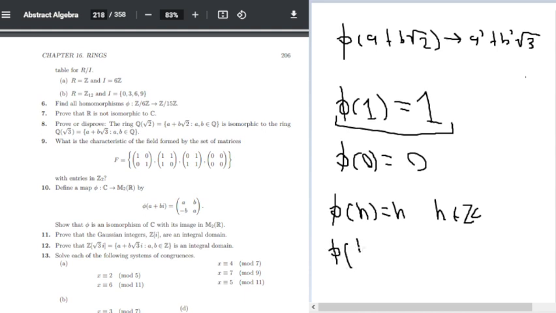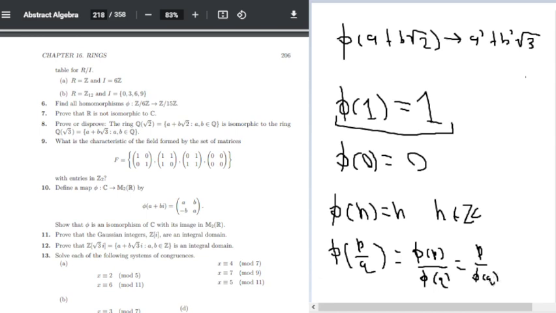Suppose we have phi of p over q. So phi of p over q times q equals, phi of p over q is equal to phi of p over phi of q, because of the multiplicative properties of this. So it is equal to p over phi of q.